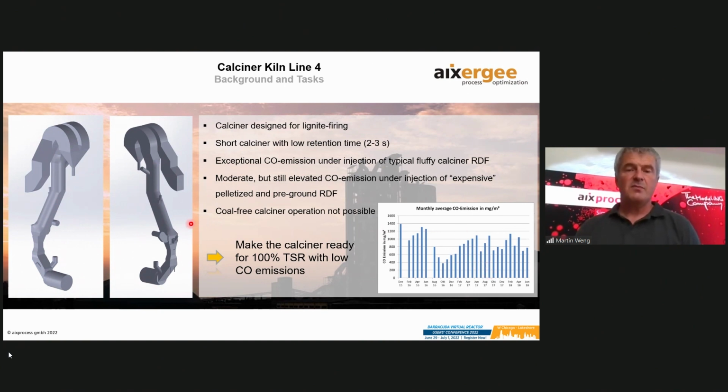Completely coal-free calciner operation is not possible, although the plants tend to a thermal substitution rate, at least in the calciner, of 100%. So the target of the retrofit project that we were able to support was to make the calciner ready for 100% TSR with low CO emissions.